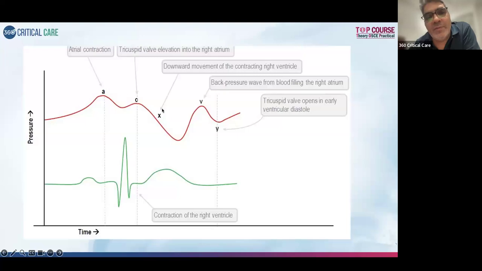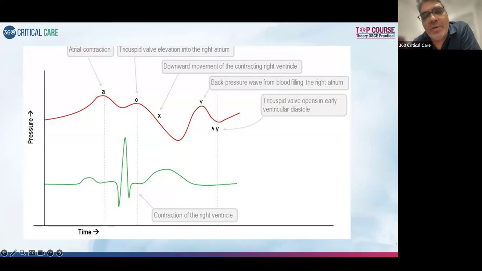So you need to know the physiological reason for these waveforms. A is for atrial contraction, C is for tricuspid valve elevation because of the contraction of the ventricle. X descent is due to the contracting ventricle, which pulls the atrium down, causing a decrease in pressure. Then V is the back pressure from filling of blood from the top end, and Y is the tricuspid valve opening in early ventricular diastole.